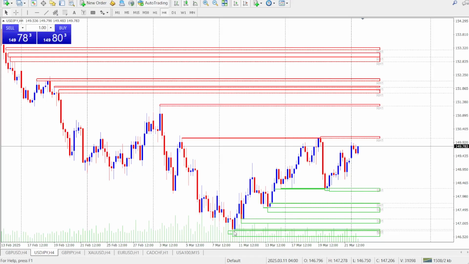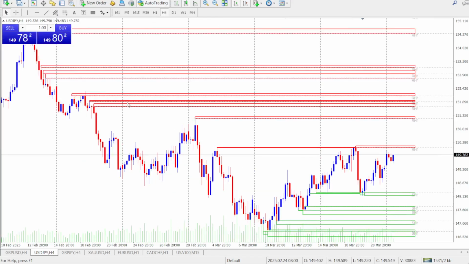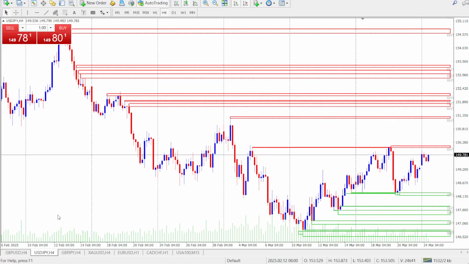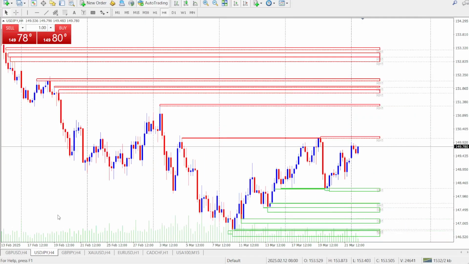Then the red bars indicate resistance zones where price is likely to reject and move down. You can see what happened here, here, here, and so on.